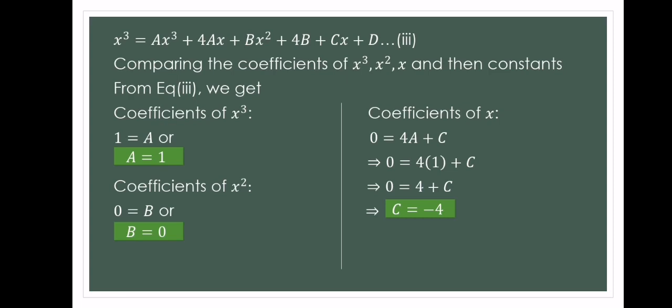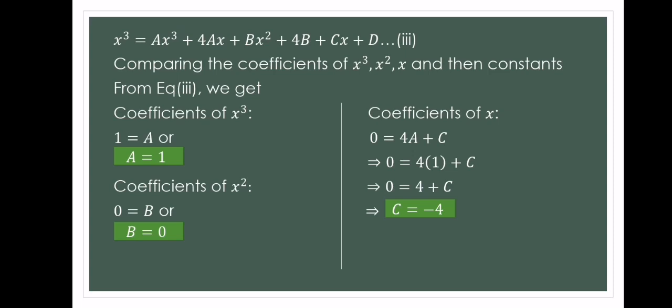So we compare the coefficients of x cube, x square and x and then constants. Since we have 4 unknowns, we start with the comparison of coefficients of x cube, then the coefficients of x square, then the coefficients of x, and lastly we will compare the constants.